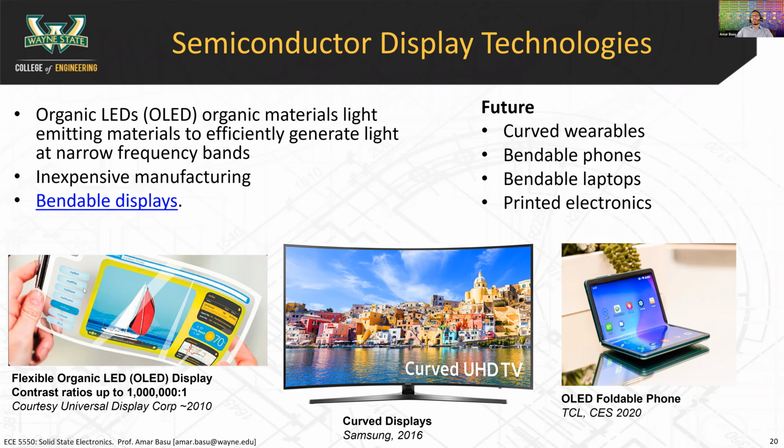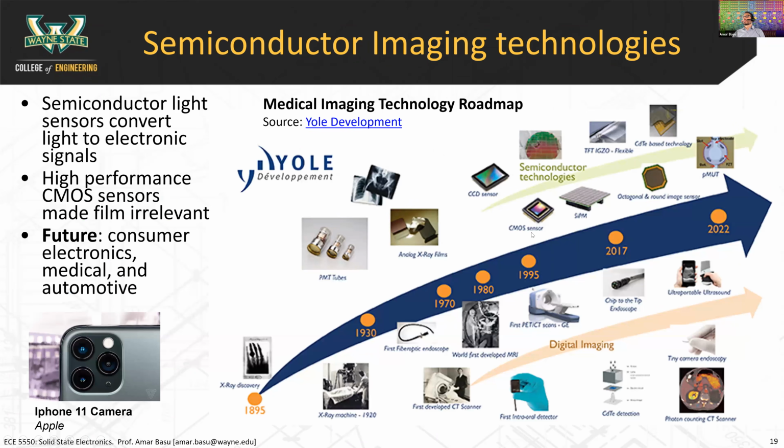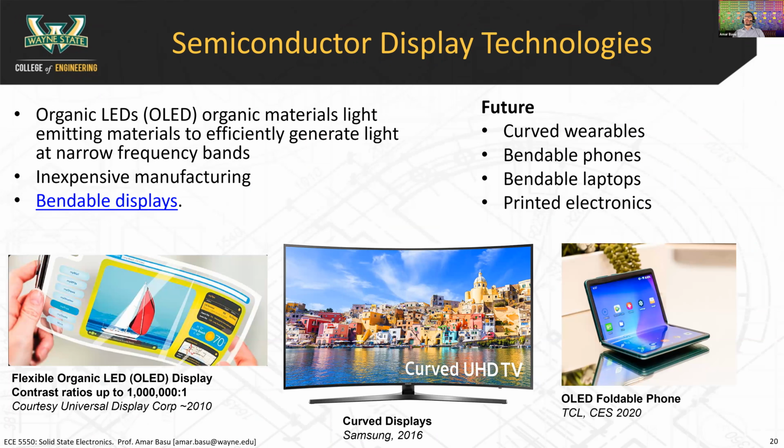But the layers that they build are so thin that you can bend them and it's still okay. So what does an organic LED do? Well, you remember how I mentioned that a CMOS sensor is a 2x2 grid of pixels, and each pixel is sensing the light coming into it? Well, a semiconductor display has a 2x2 grid of LEDs.